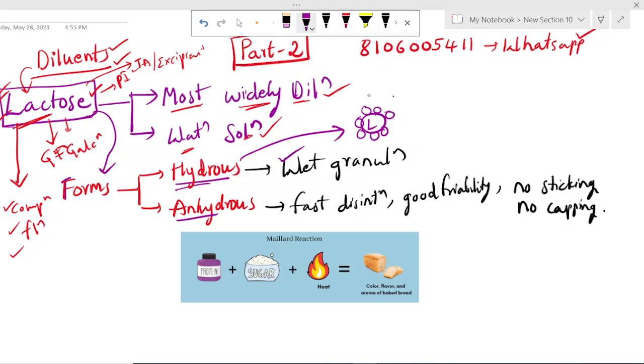Hydrous lactose is preferred in wet granulation. Why? Before reading anything, we should question ourselves why.